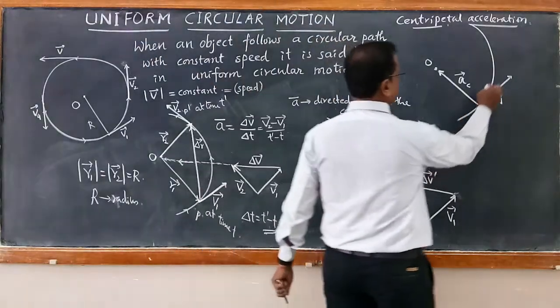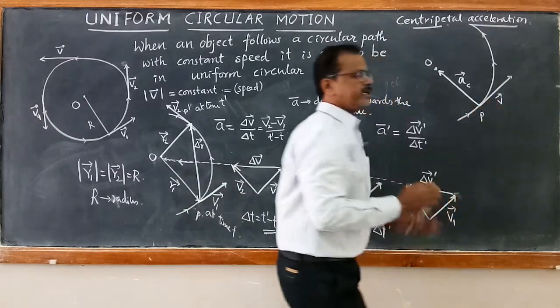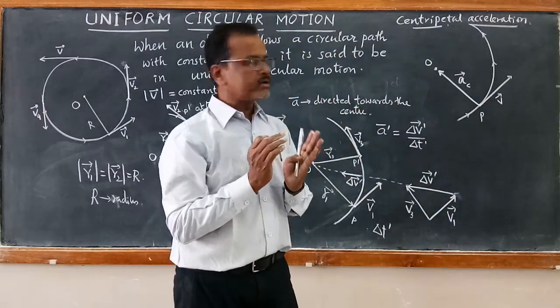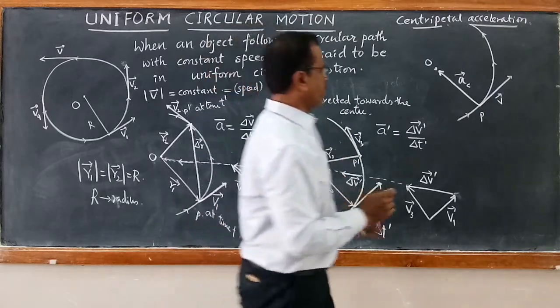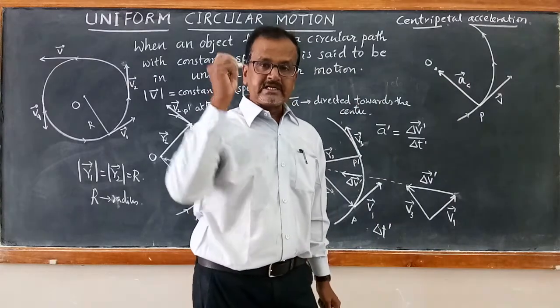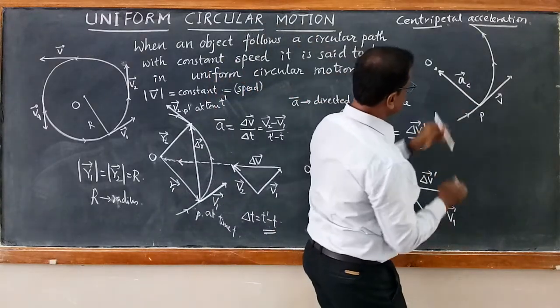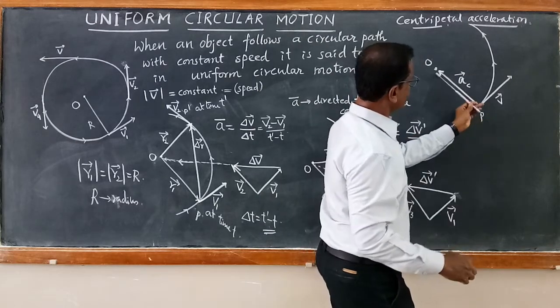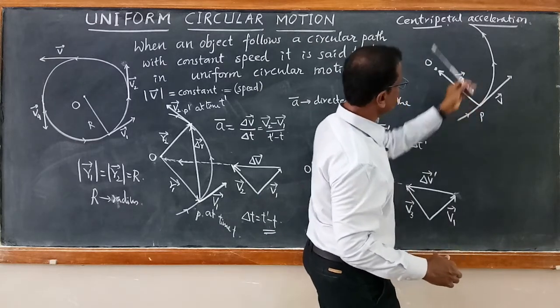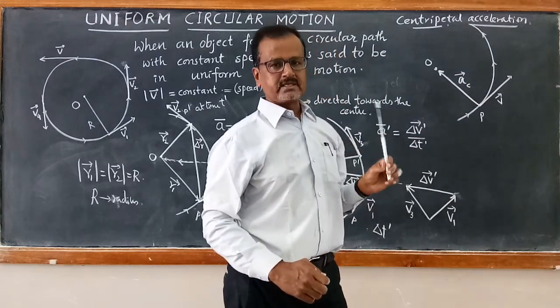The velocity vector at every point is along the tangent drawn along the direction of motion. Whereas the acceleration vector at that point, which we call the instantaneous acceleration vector at that point, is directed towards the center. Therefore, it is called center-seeking acceleration. It is called centripetal acceleration.